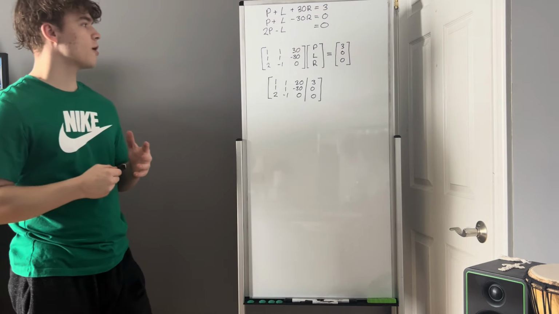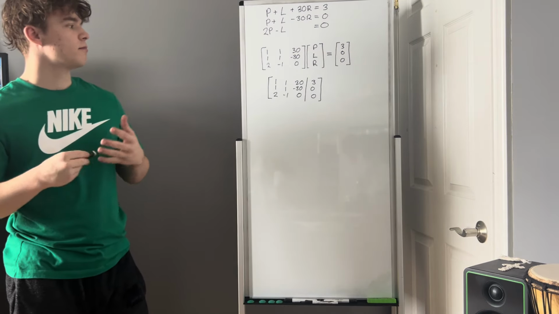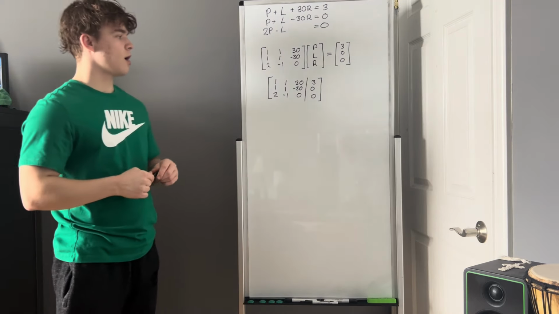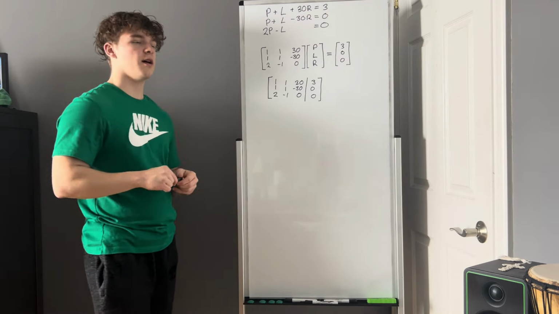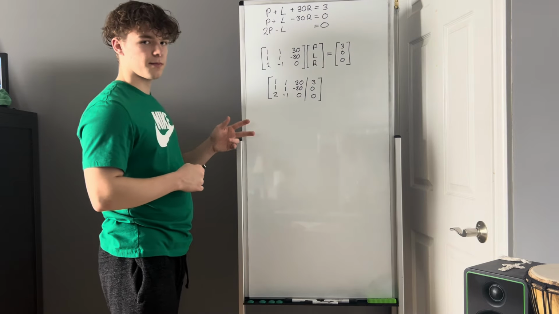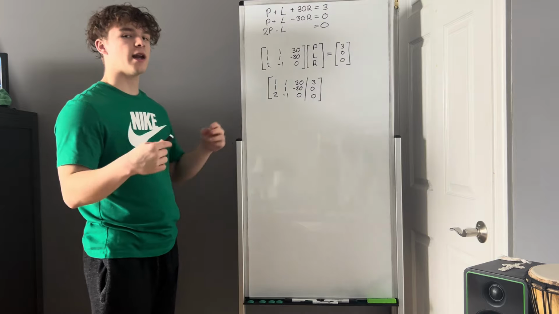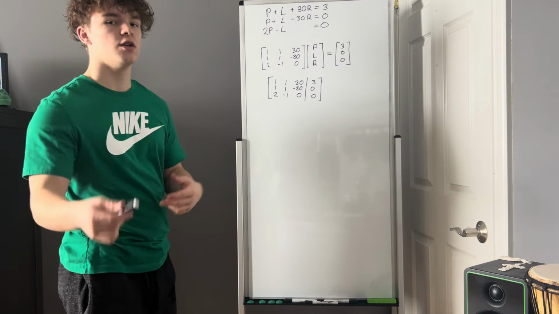And we can perform some things on this matrix. What we can do is we can multiply rows, we can add rows together, and we can add multiples of rows to another row.